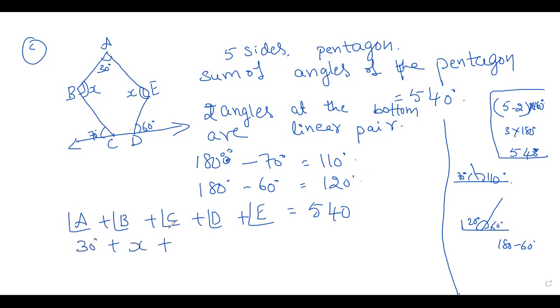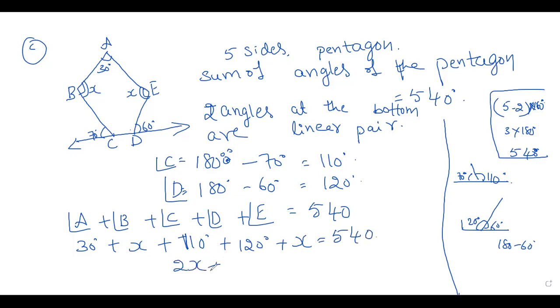I'm writing X in place of C. Right, what is angle C here? Just now we found it. Angle C is 110, angle D is 120 degree, angle E is X, that is equal to 540.